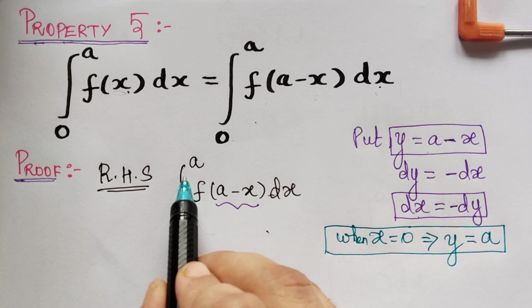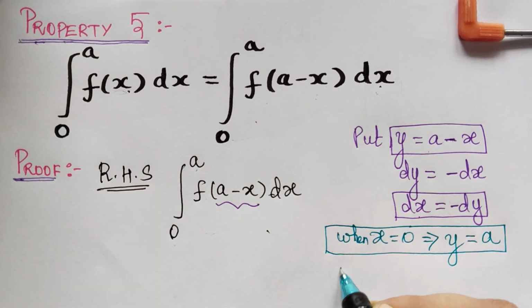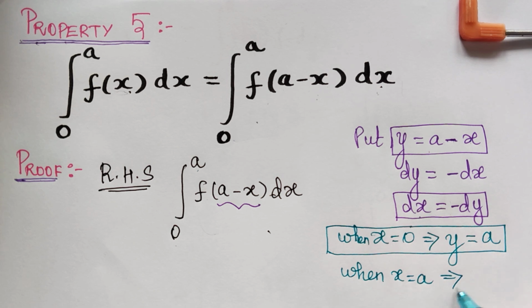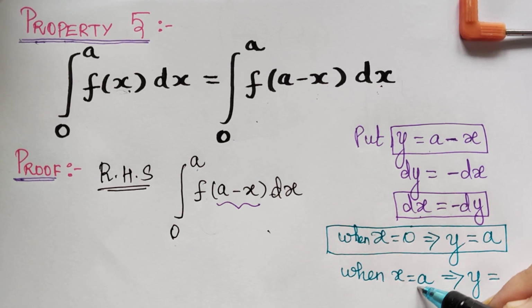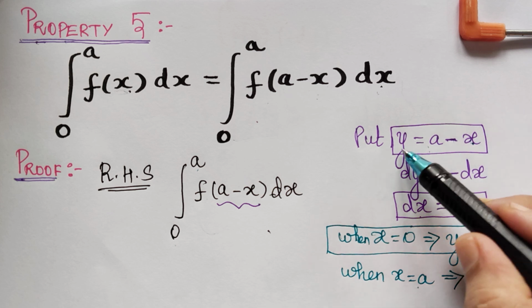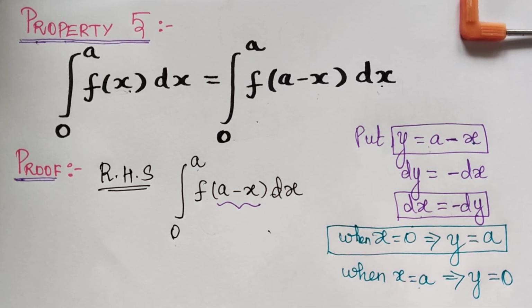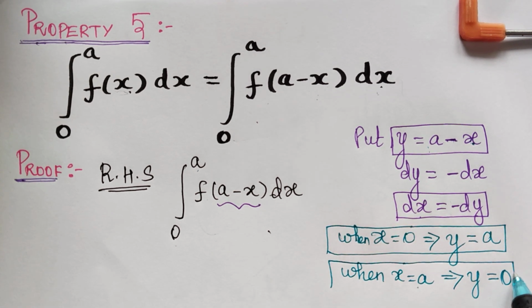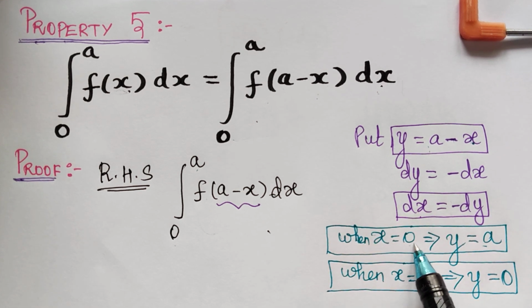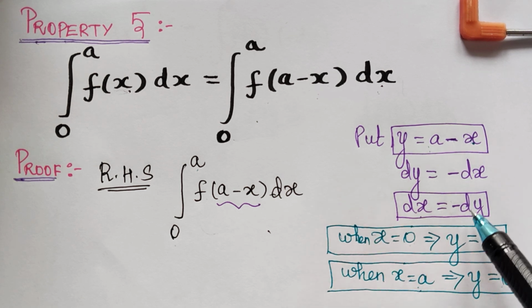And what about the upper limit? It is a. So when x is equal to a, what do we get? y to be equal to, if we put x as a over here, a minus a will become 0. So y will be equal to 0. So the lower limit 0 has been changed to a, and the upper limit a has been changed to 0 after this substitution.